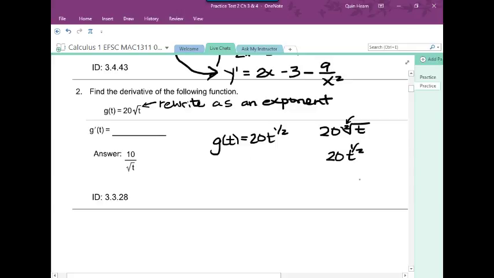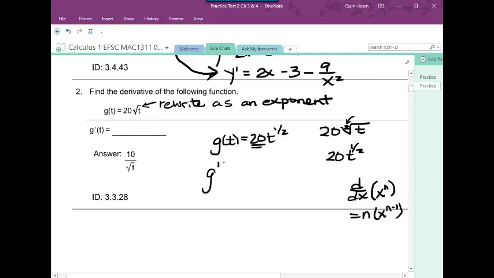And remember again what the power rule said: if you take the derivative of x to the n power, you're going to get n times x to the n minus 1 power. So you bring the power out front and subtract 1 from it. Any coefficients that are in front of the variable are just going to tag along.